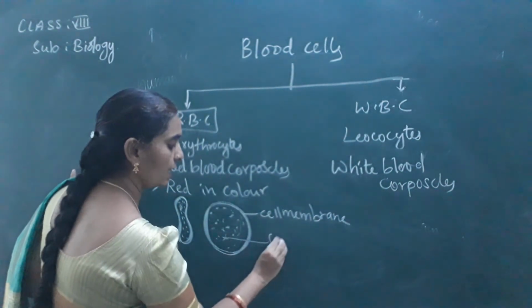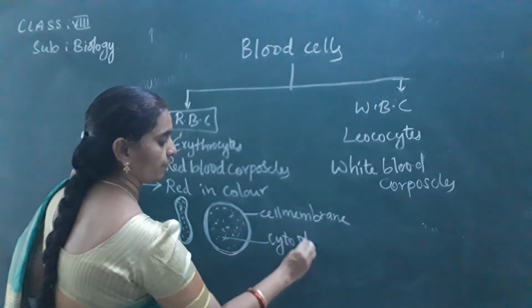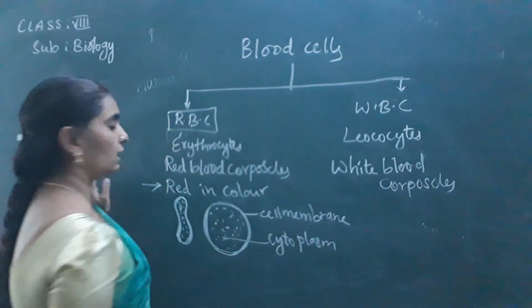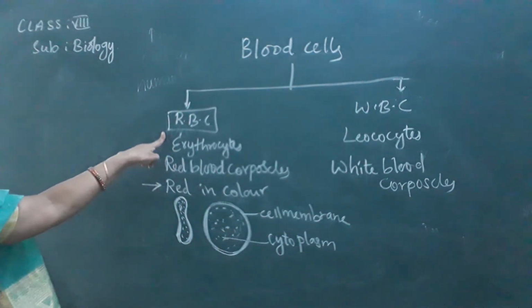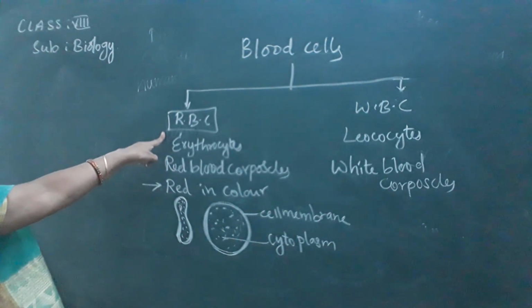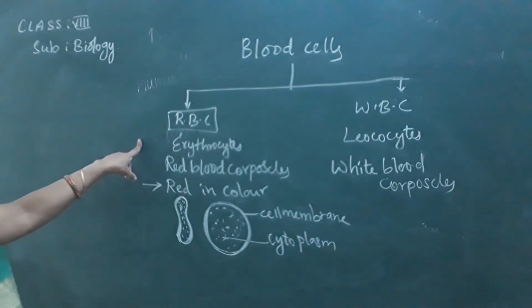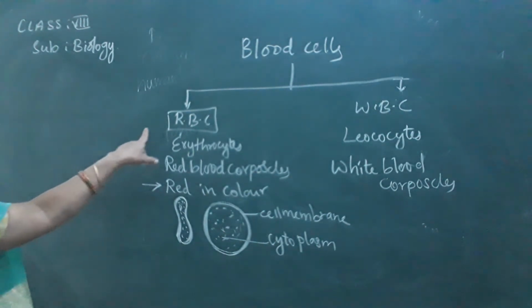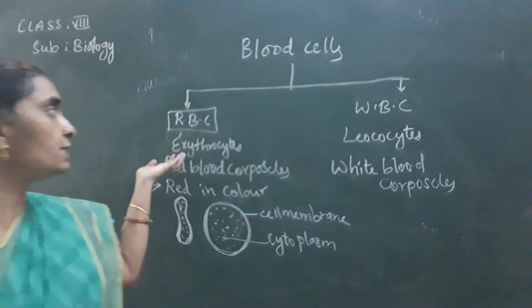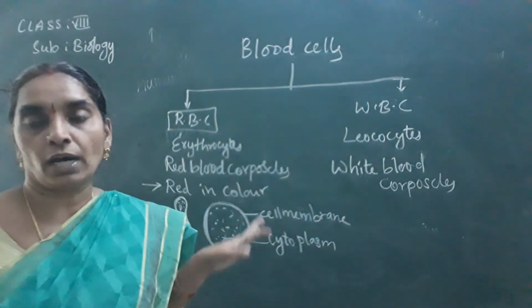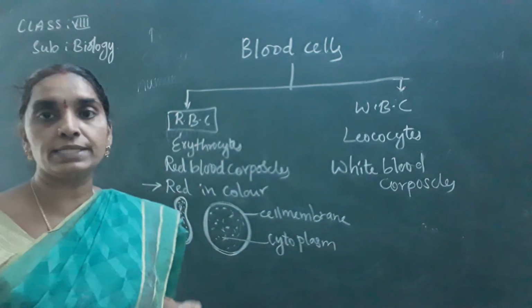Blood is red in color due to the presence of RBC, that is hemoglobin, which gives red pigmentation to the blood. If the RBC count is less, then it leads to anemia.